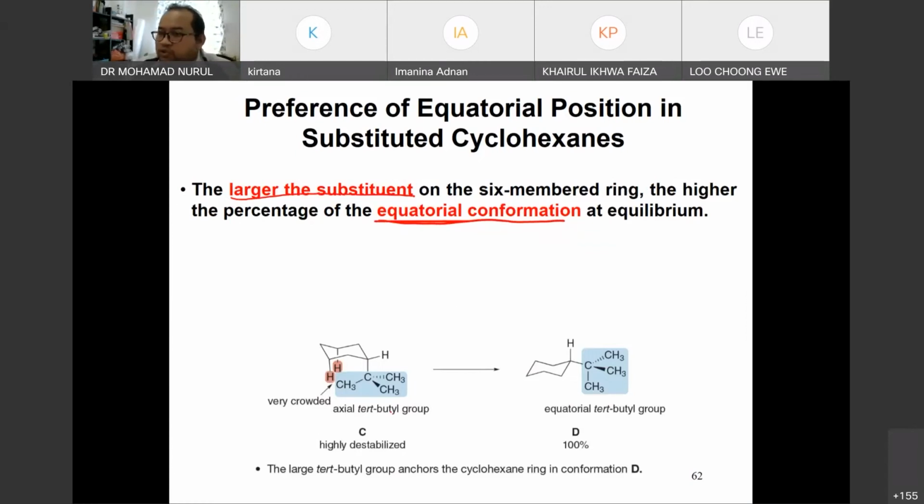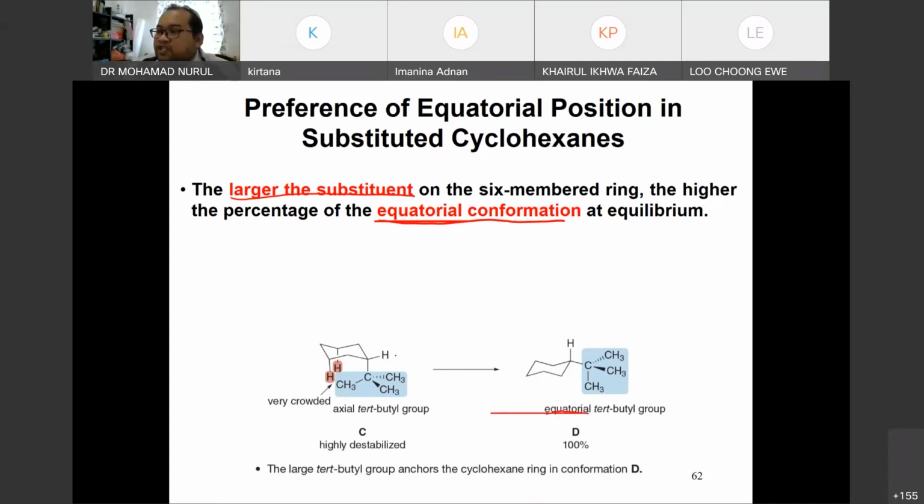This huge group is highly destabilized in the axial position because it has another branch of hydrogens. That's why it forms almost 100% with the tert-butyl group in the equatorial position.